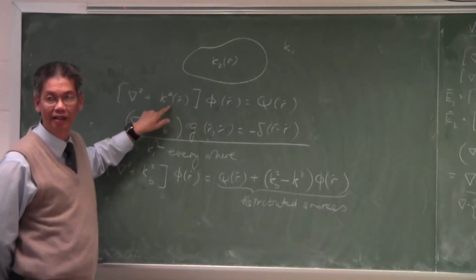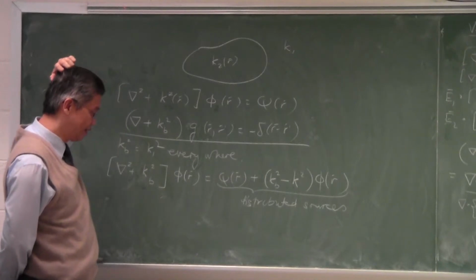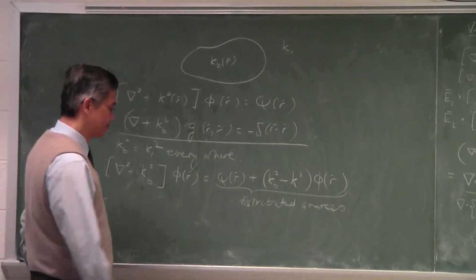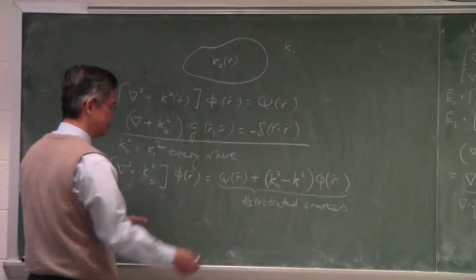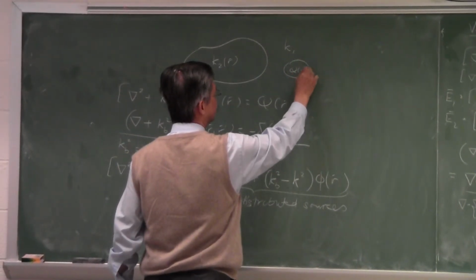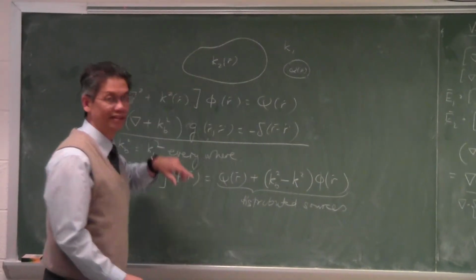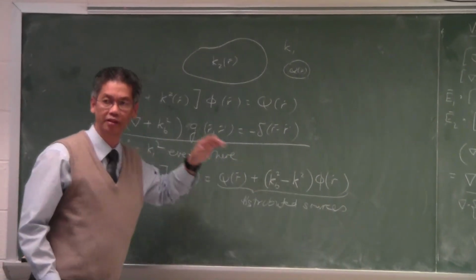This is an inhomogeneous medium k number. So I can think of this as distributed sources, but this source q is somewhere out here. And then there are distributed sources inside the scatterer due to this difference not being 0.